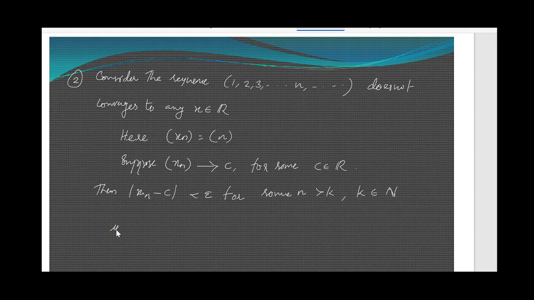That is, what I'm getting is modulus of n minus c is less than epsilon, which implies, and is implied by, minus epsilon less than n minus c, sorry, not x, this is n, right?